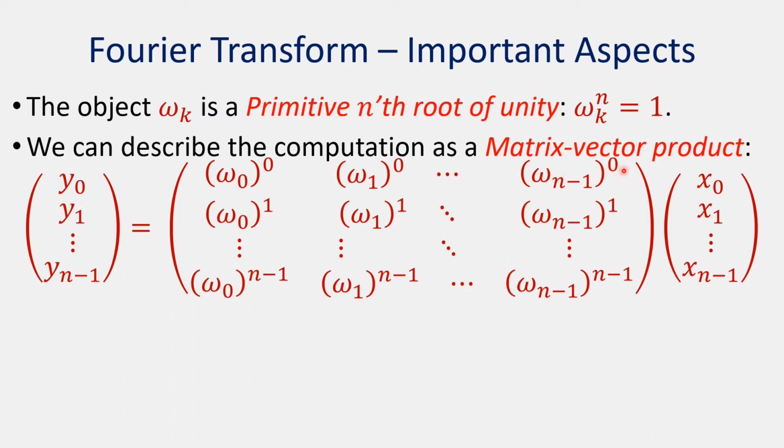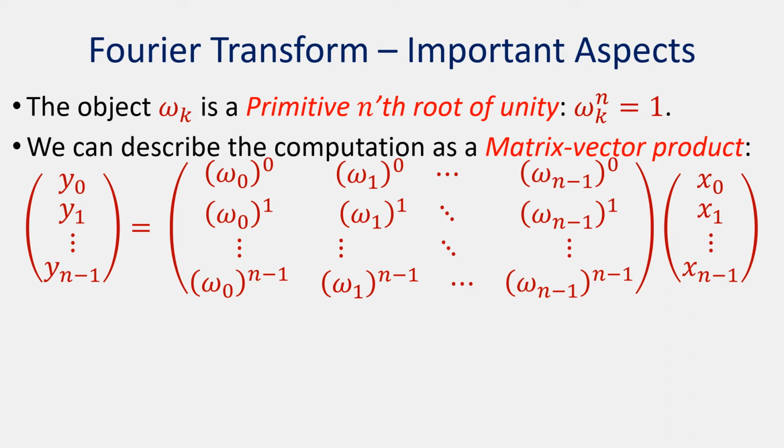But they're all raised to the same power. The same if we go down to the second row. We have the primitive roots of unity going up in increasing order, and this time we're raising them to the power 1. So that's all the way through to the last row, the primitive roots of unity going up in increasing order of index, but all of them are raised to the same power.